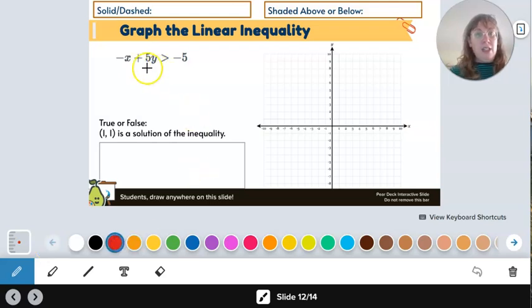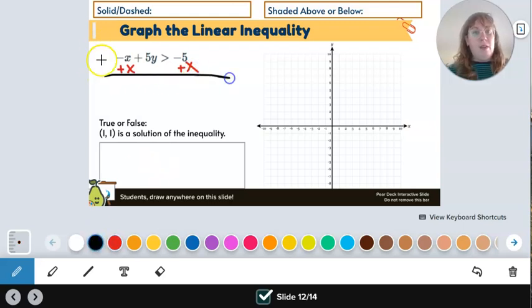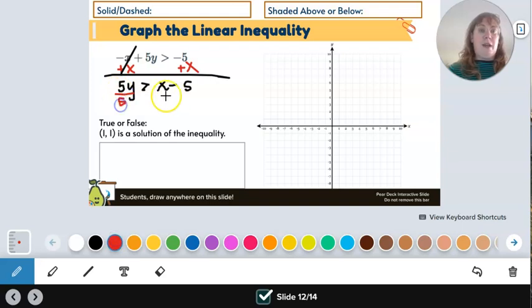Alrighty, so to get this into slope-intercept form, we're going to add this x to both sides first. And then we have 5y is greater than x minus 5. And then we're going to divide both sides by 5.